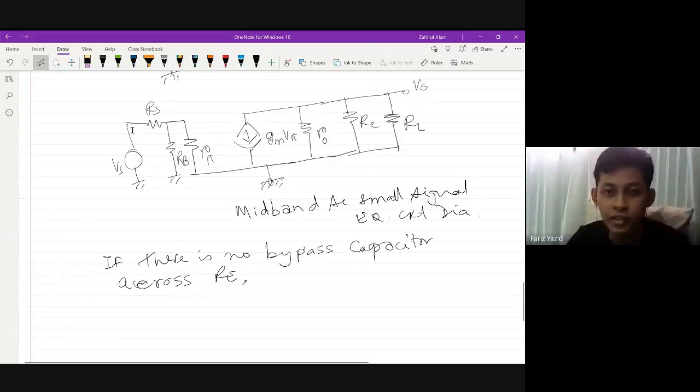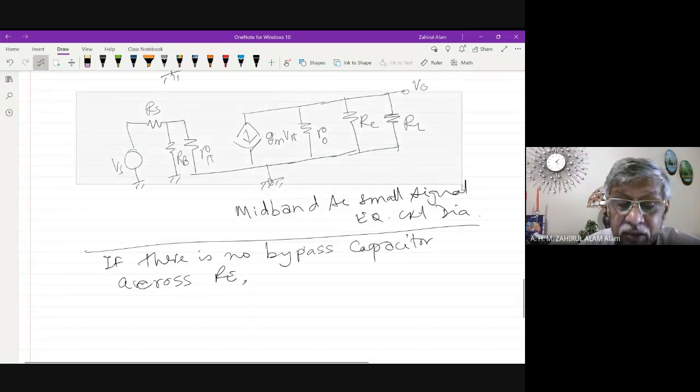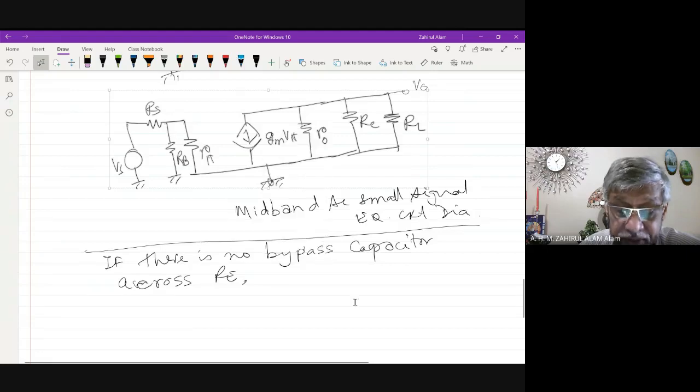The bottom part has RE. So now I can copy this one. Copy.